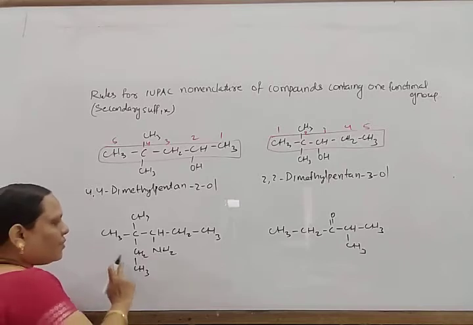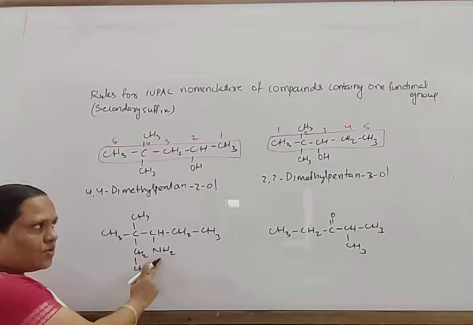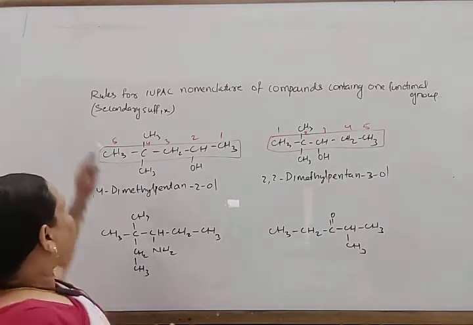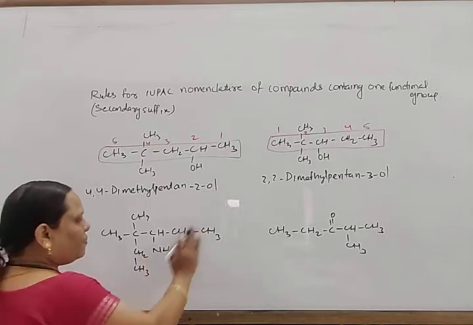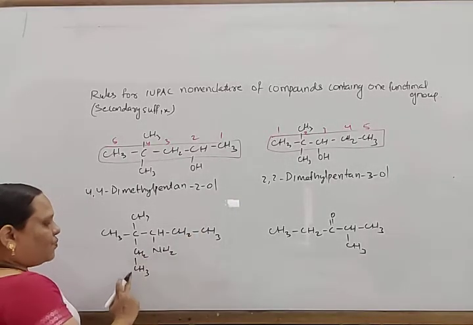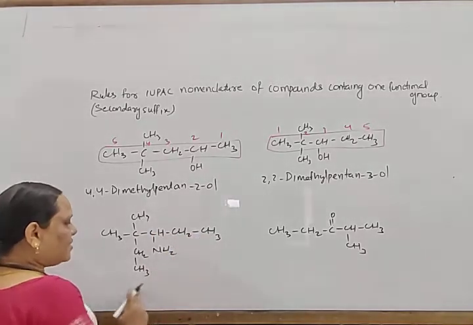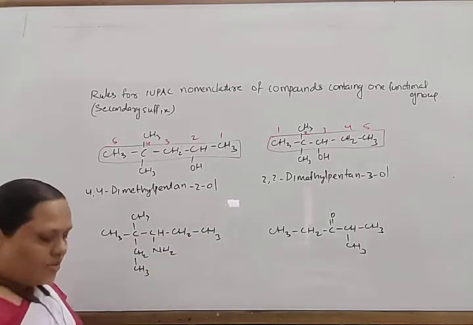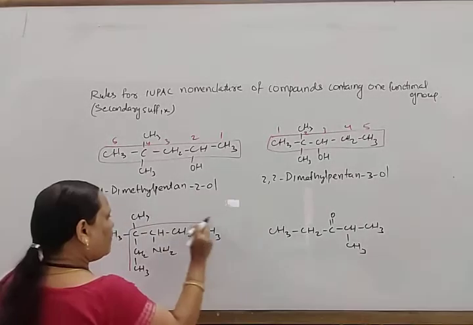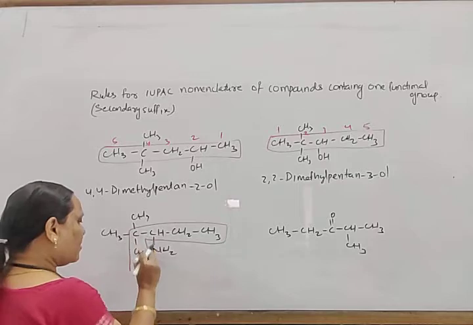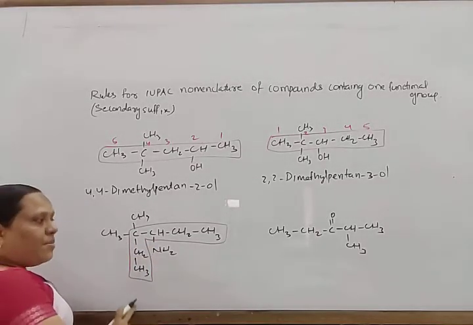Now, what is the name of this compound? Look here. If you look at this compound, the NH2 group is the functional group. For that, the secondary suffix is amine. Then you count the position of this NH2 group, 1, 2, 3, 4, 5, 6. This is the long chain containing this amine group.